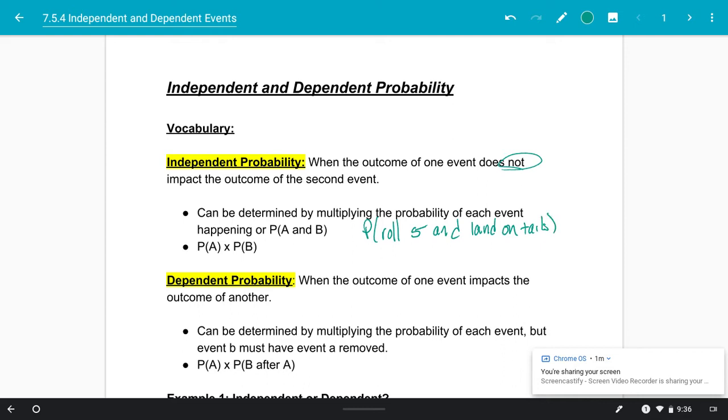I would do the probability of rolling a 5, which is 1 in 6, because there's one side that's a 5 on a 6-sided die, times the probability of landing on tails, which is 1 out of 2. Multiplying across the top, 1 times 1 gives us 1, and across the bottom, 6 times 2 gives us 12. So the probability of that second event is not impacted by the probability of the first event. They are independent of each other.